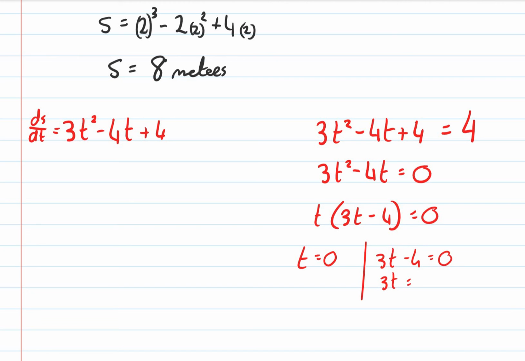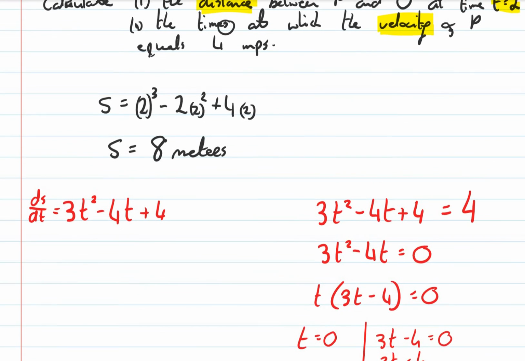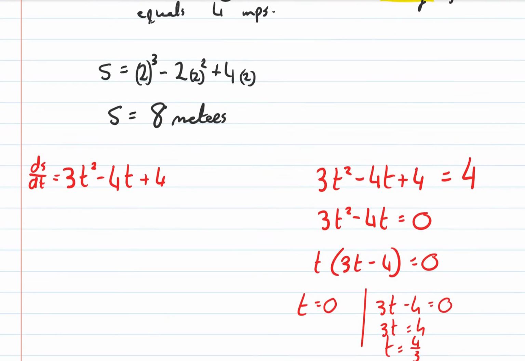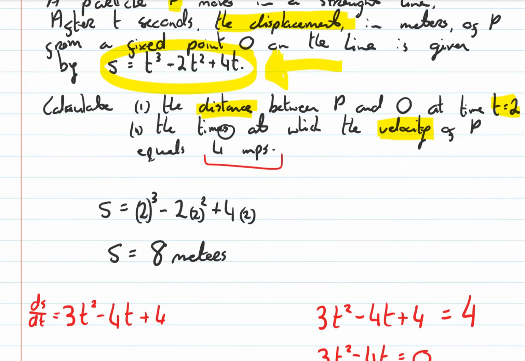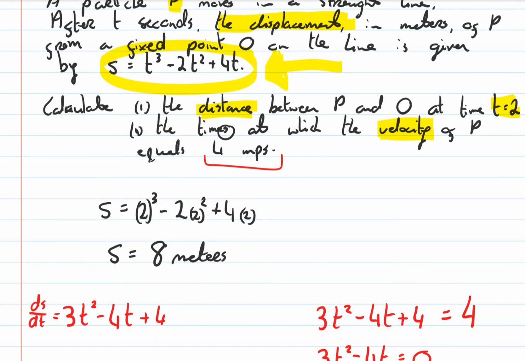So 3t equals 4, so t equals 4 over 3. Okay, so according to this, after 0 seconds and after 4 over 3 seconds, its speed is 4 meters per second. Right, okay, that's it. Next question.